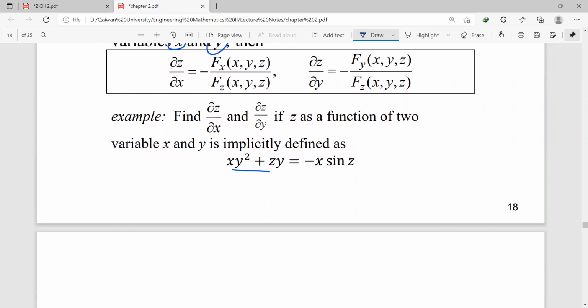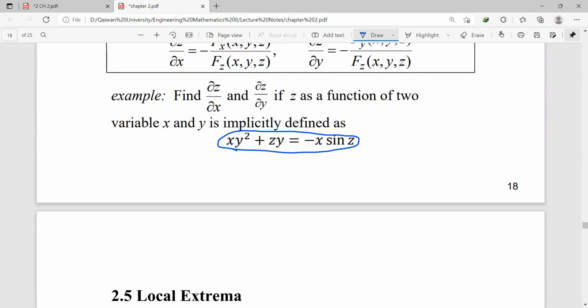Here we have been given this function. To find the partial derivatives, partial z by partial x and partial z by partial y, first let's find partial z by partial x. Before we do that, we must find capital F of x, y, z.